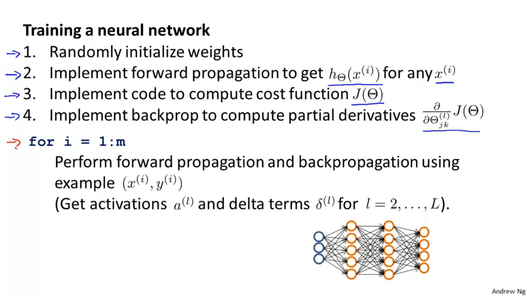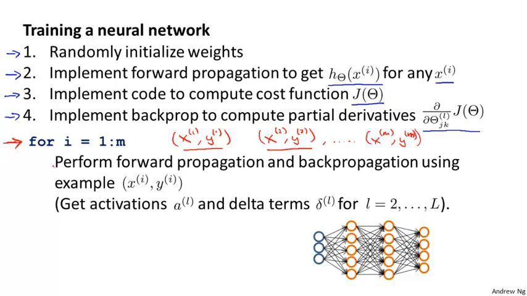Some of you may have heard of, frankly, very advanced vectorization methods where you don't have a for loop over the m training examples, but the first time you're implementing backprop, there should almost certainly be a for loop in your code where you're iterating over the examples x1, y1, and you do forward prop and backprop on the first example, and then in the second iteration of the for loop, you do forward propagation and back propagation on the second example, and so on until you get through the final example.